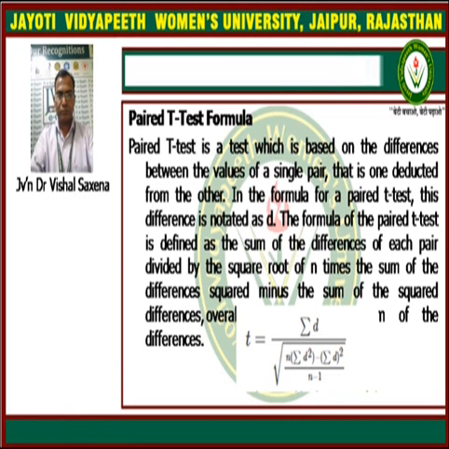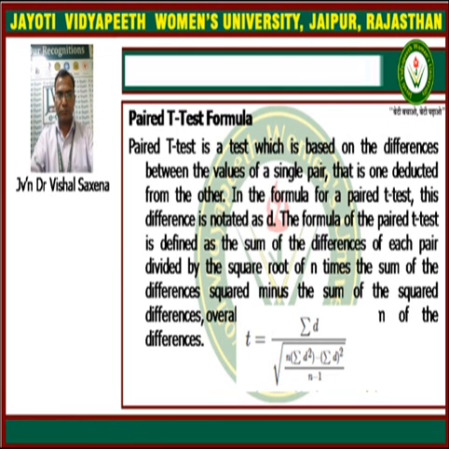So we can understand this formula as follows: the sum of d means the sum of the differences of each pair. First we have to take the difference between each pair, and then we have to take its summation. In the denominator, we have n times the summation of d squared. Here n represents the total number of observations, and d is the difference between the two respective data values, like xi minus yi.